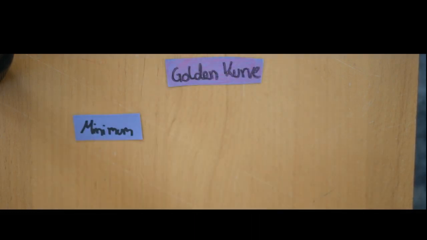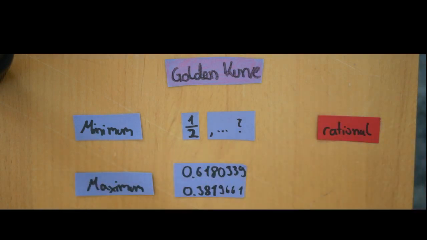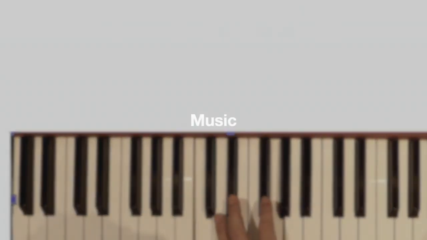The golden ratio has the property of being particularly badly approximable with rational numbers like 1/3 or 2/3. If this is the fundamental property of the golden ratio, then it is exactly the opposite of 2/3. The fact that the golden curve should have a minimum at the rational number of 1/2 and a maximum at the golden ratio, which can be only very poorly approximated by rational numbers, reminded me of something completely different from arts, namely music.